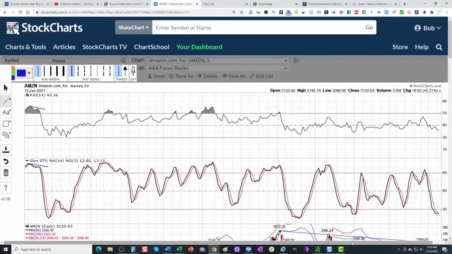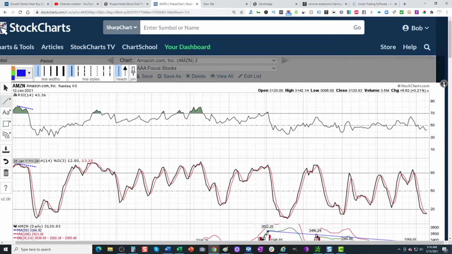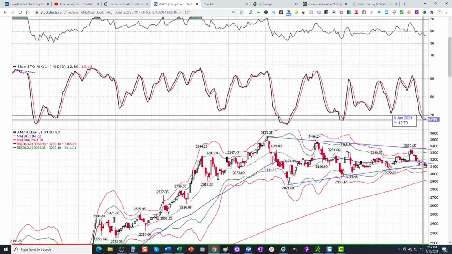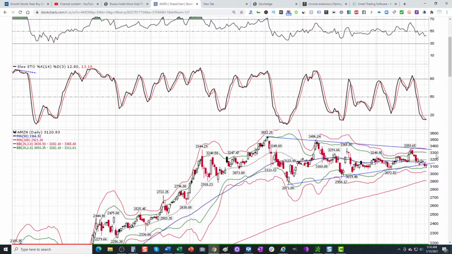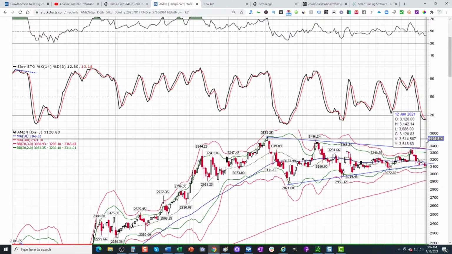Broken support. And this is on a daily time frame. It broke support here on the 11th. We were in a trading range. Does this mean that you short Amazon now? No. Good morning, Pat. No, you don't short it here. They're going to try to rally it, especially if yields are weak.